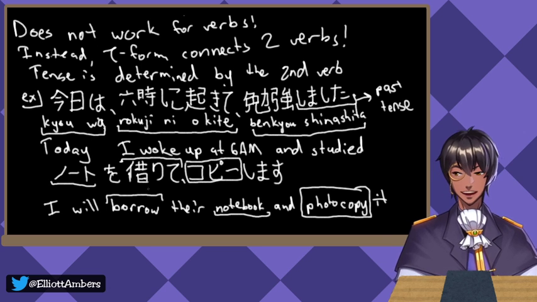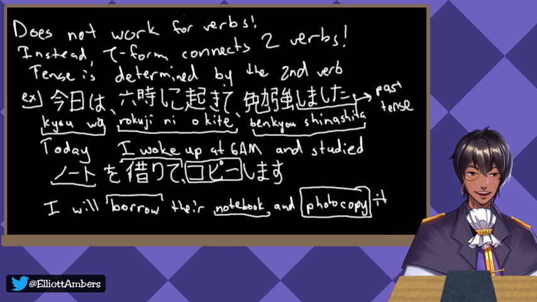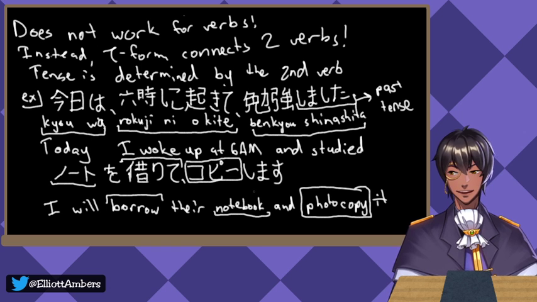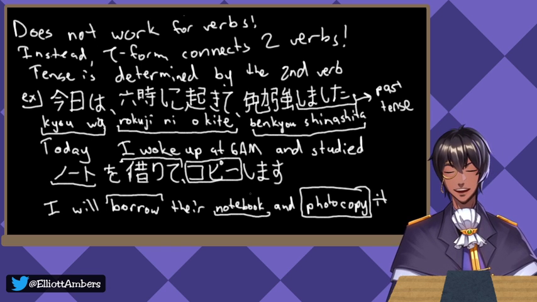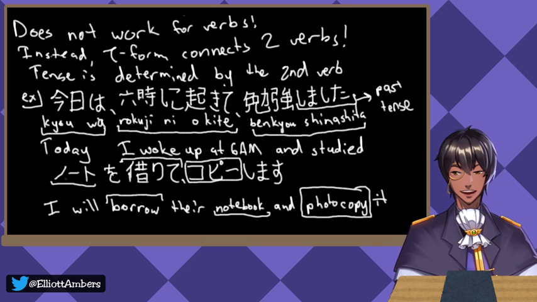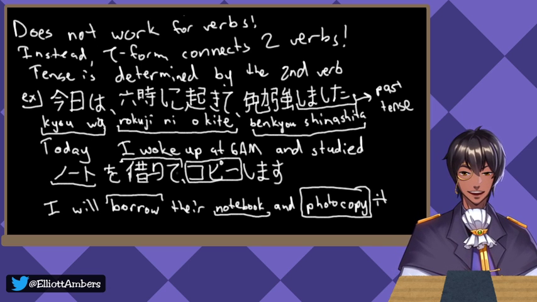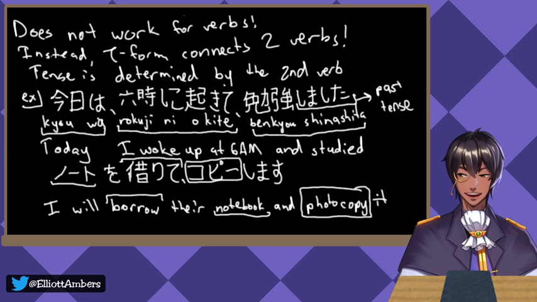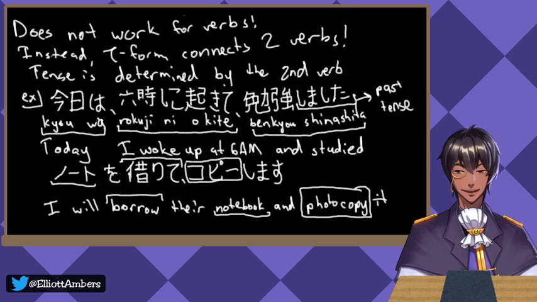And those are the main words. The o is essentially that will. That you will borrow it. And this shimasu is what tells us that this is in present tense or future tense, that this is something that will happen or is in the process of happening. Note o karite, kopi o shimasu, or kopi shimasu. So that is the translation there.